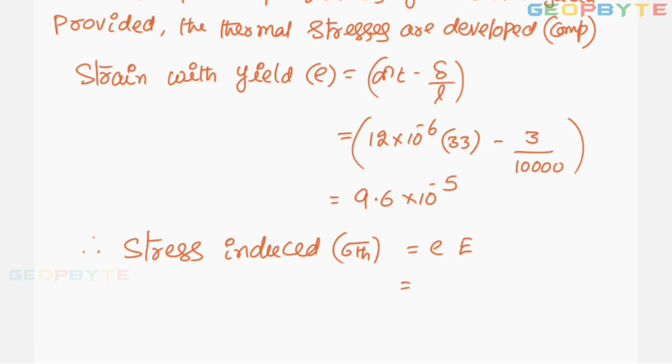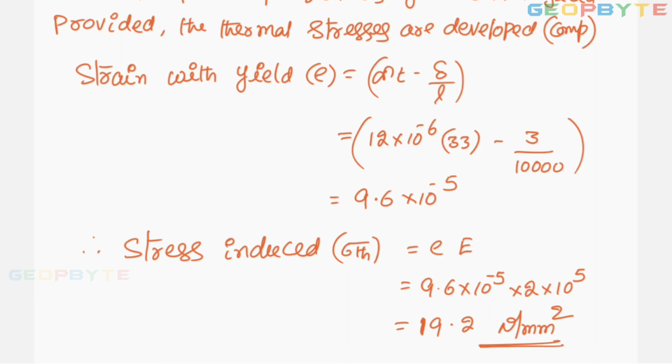The strain is 9.6 into 10 power minus 5 into 2 into 10 power 5. It is equal to 19.2 Newton per mm square. That is the answer for this particular problem.